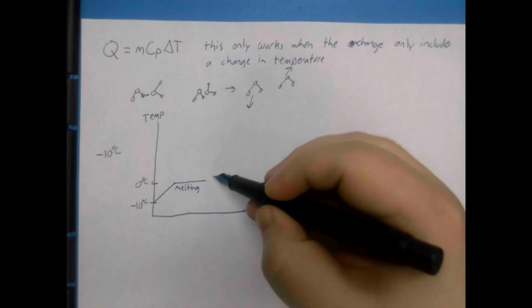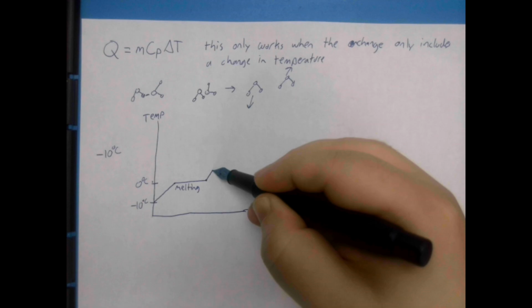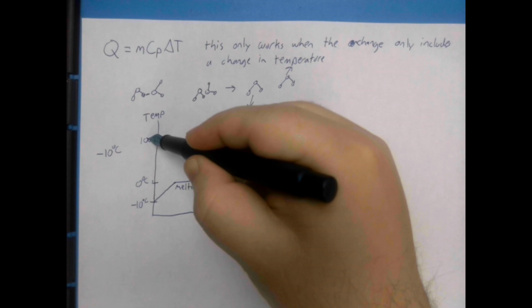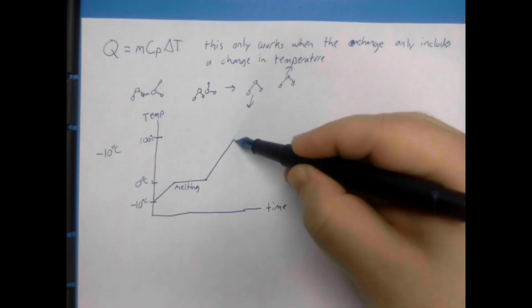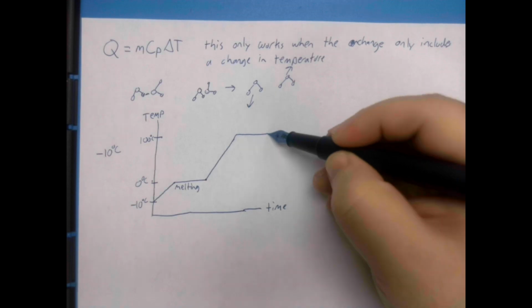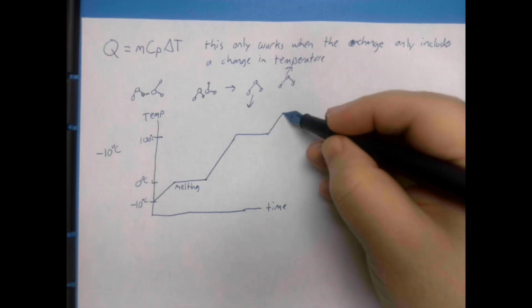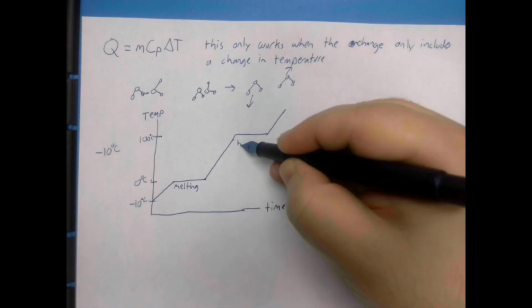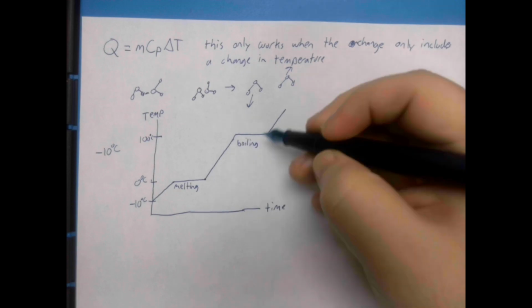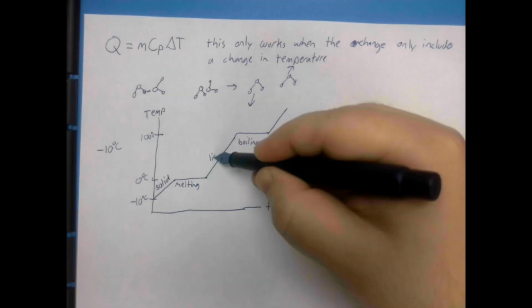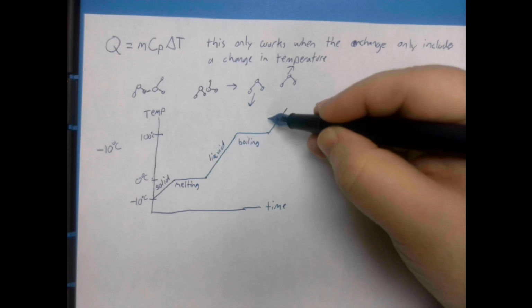And then once it's all liquid, it begins heating up until it reaches 100 degrees Celsius, at which point it stops heating up until it's all gas. And then it begins heating up to temperatures over 100. So this will be the boiling phase change. So here is a solid, here is a liquid, and here it's a gas.